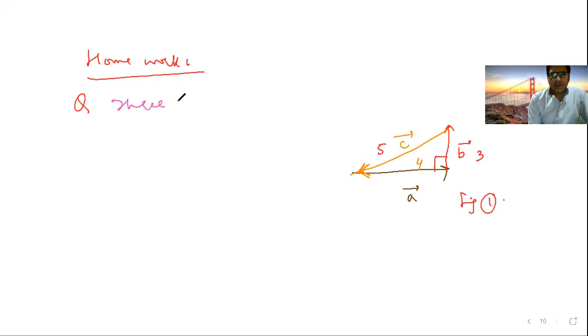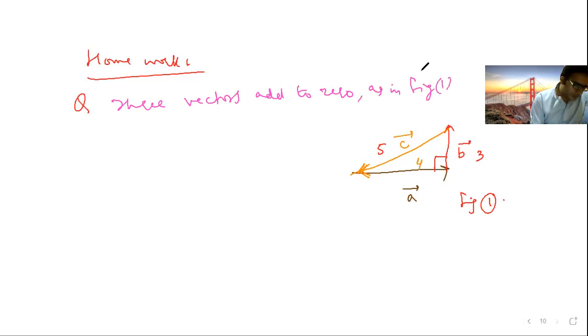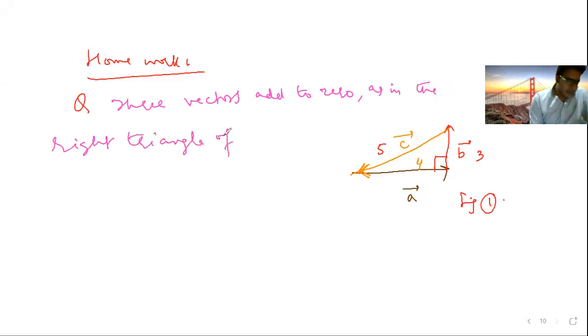Three vectors add to 0 as in the right triangle of figure 1.